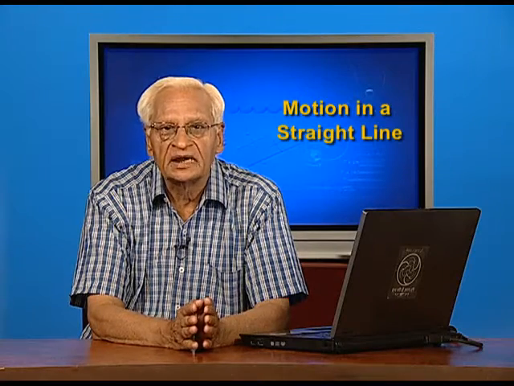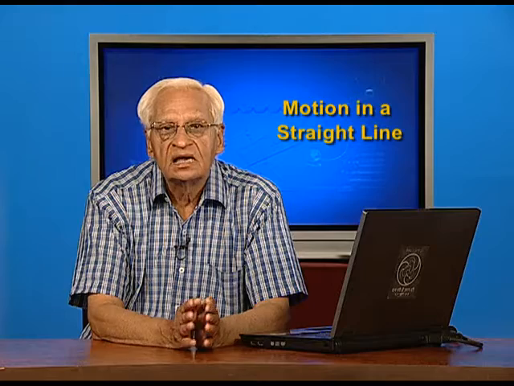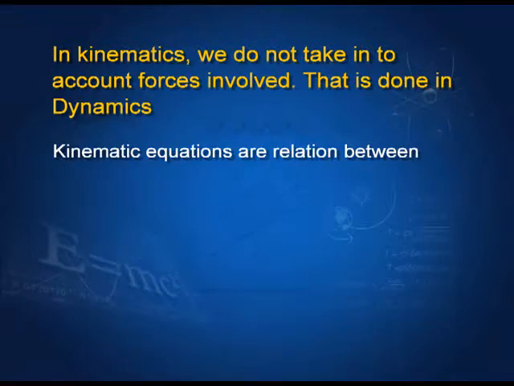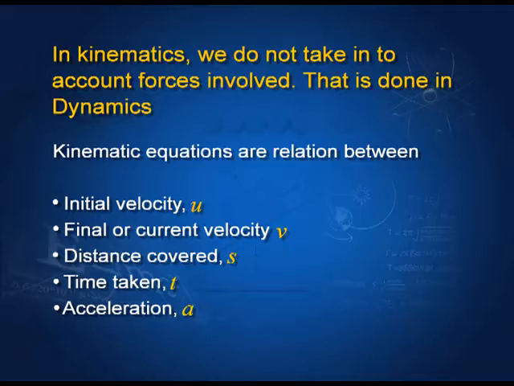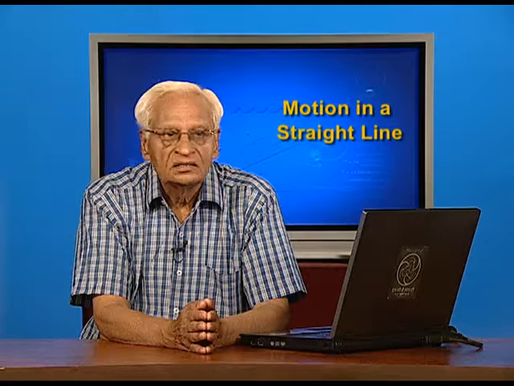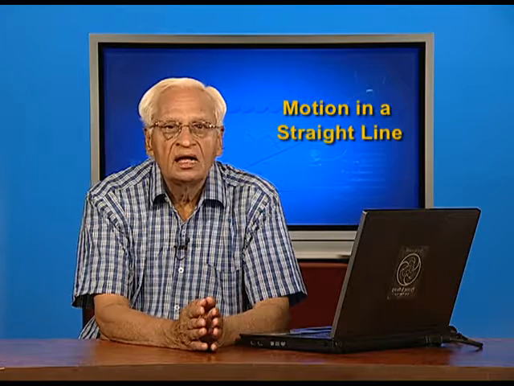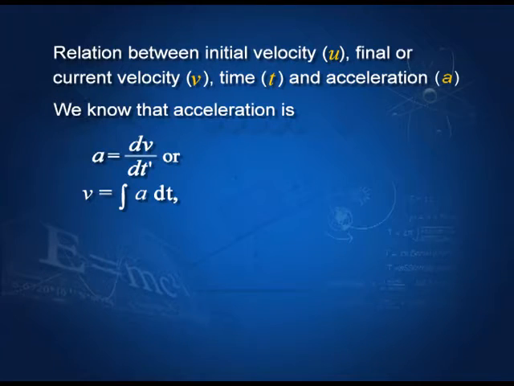Here we consider kinematics, and these kinematic equations are relations between initial velocity, final velocity, distance covered, time taken and the acceleration involved. The relation between the initial velocity u, the final velocity v, time t and acceleration a can be found in the following way. We know that a is equal to dv by dt.